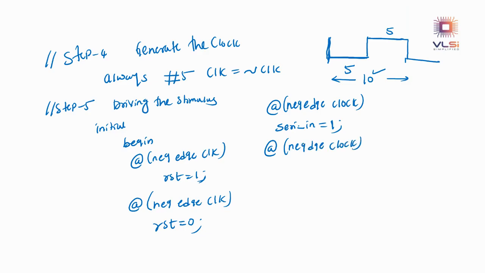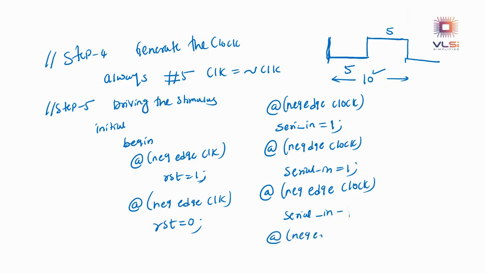Like this 2 more times, at negate of clock, serial in equal to 1, and the same at negate of clock, serial in equal to 1, okay. And next, end module. So this is the test bench for SISO.